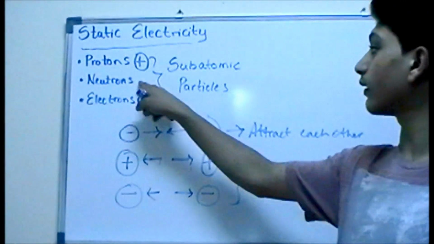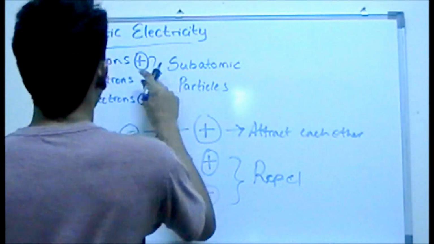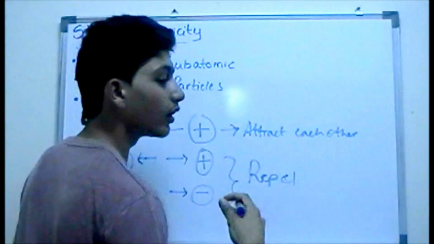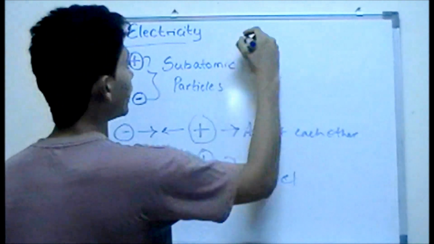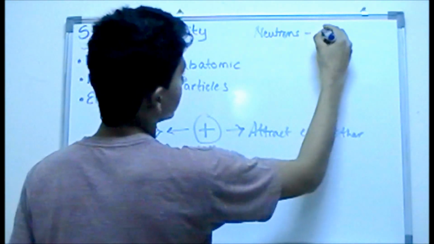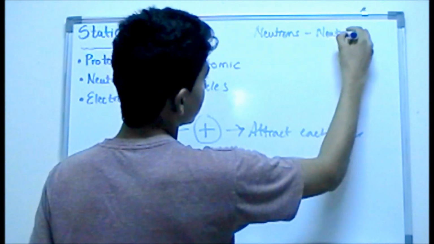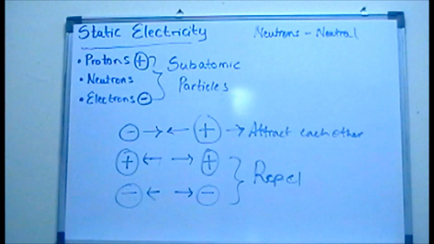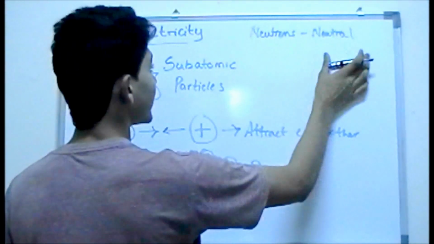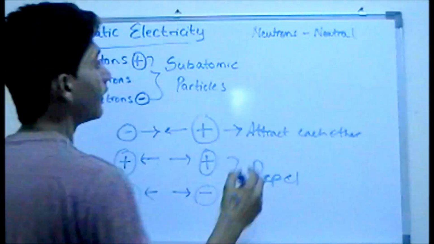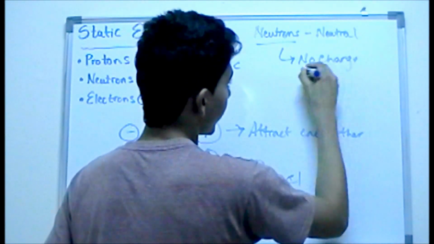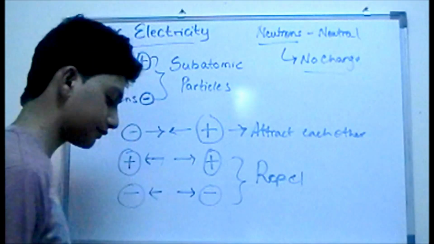Now let's start off with neutrons, because I already talked about those. Protons are positively charged particles, but we'll learn more in depth briefly. So neutrons is what we are talking about. Neutrons are basically neutral. A neutron has no charge, and electrically it is called neutral.